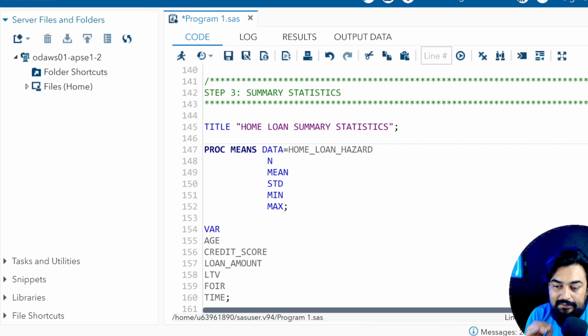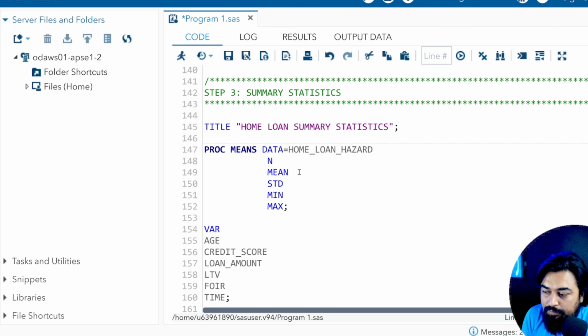I think you got this. If the average FOIR is 40%, the FOIR variable, then borrowers are spending around 40% of their income on debt obligations. So these values actually tell you that. So that's what we are trying to make in this particular step.